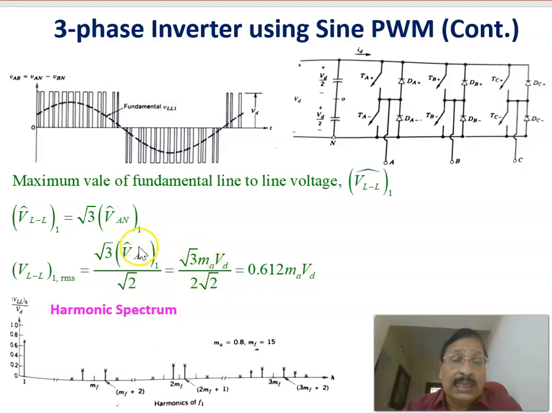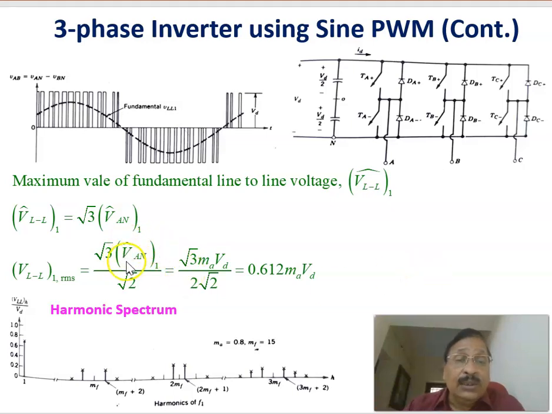If you substitute here, the maximum magnitude of the fundamental voltage is already derived as MA into VD divided by 2, and that divided by root 2, we will be getting it equal to 0.61 MA into VD.